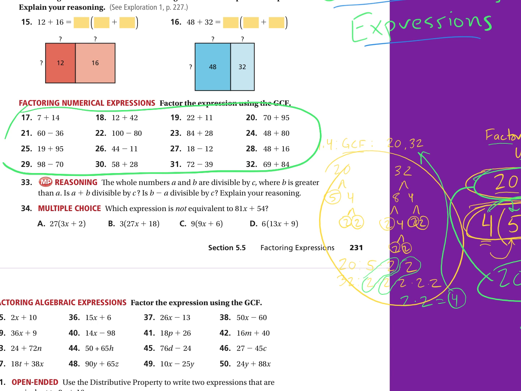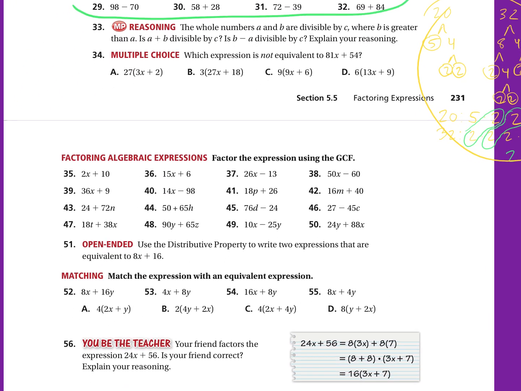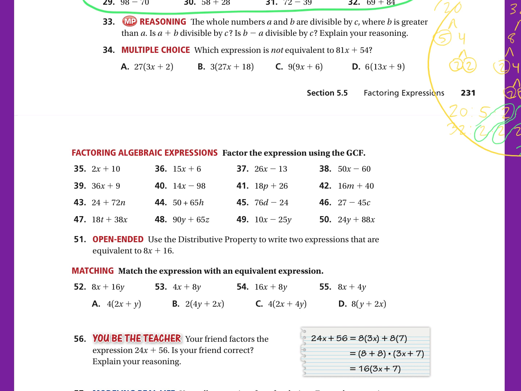So you can see you're just given a very basic expression, and so you're going to pull the greatest common factor out of each of these and then put it on the left-hand side of some brackets. You'll notice that they try to trick you down here. They're going to start inserting some variables. All you're going to do inside the brackets is leave the variable there.